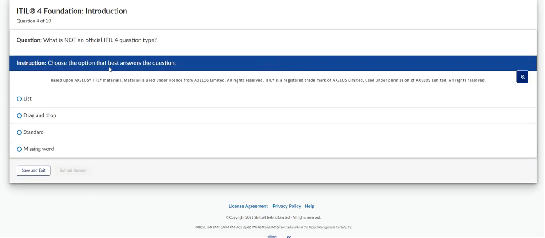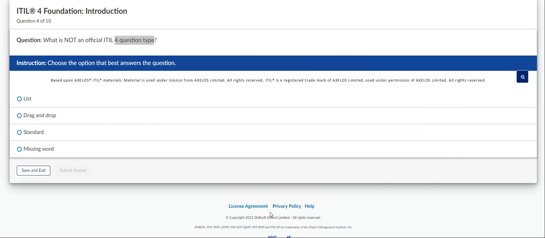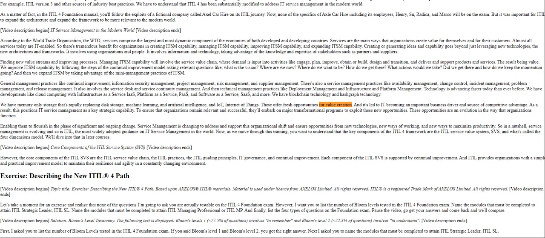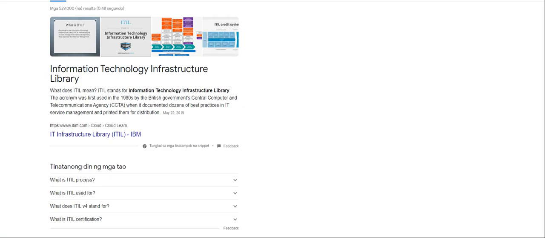Moving on to the next, what is not an official ITIL 4 question type? Drag and drop. I forgot about this, so let's go back to the module earlier. I don't see it here, so I'm gonna go ahead and pull up Google.